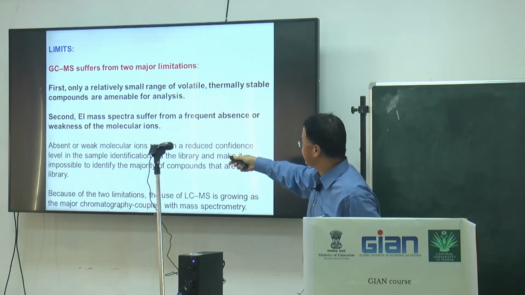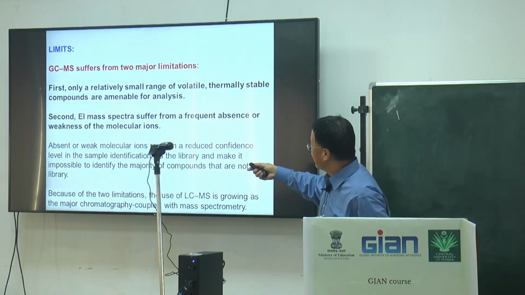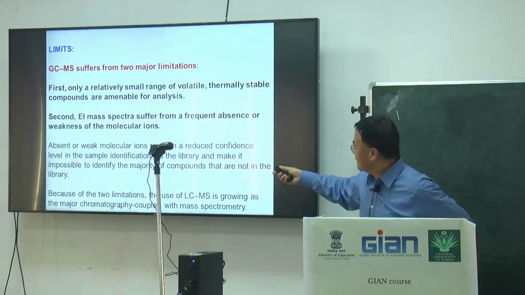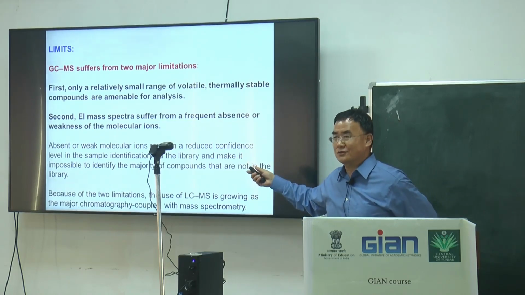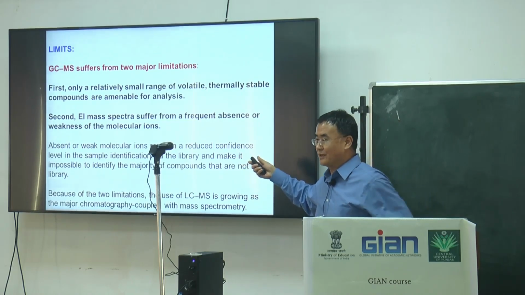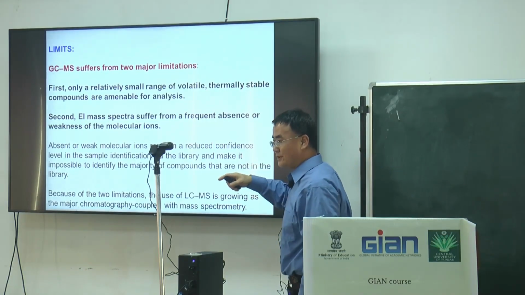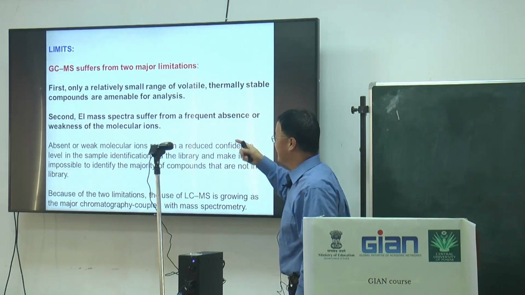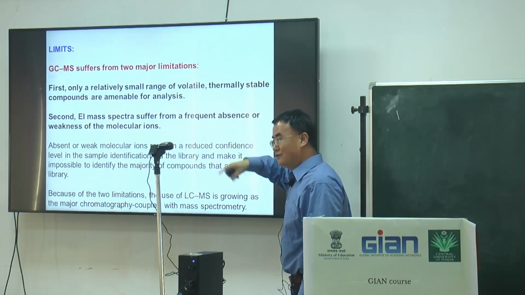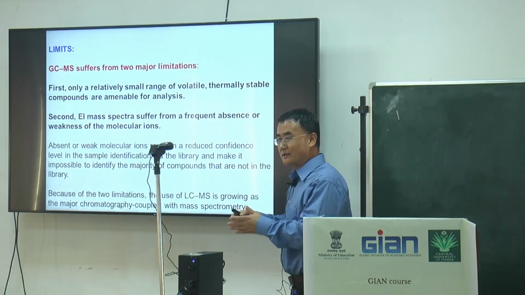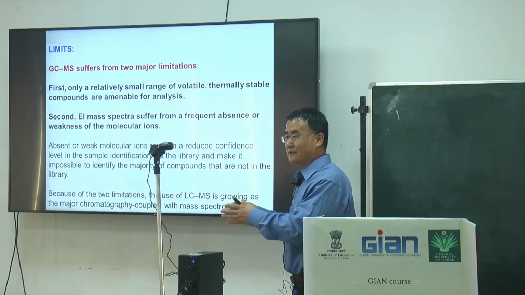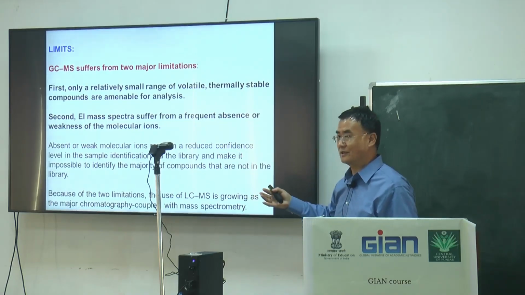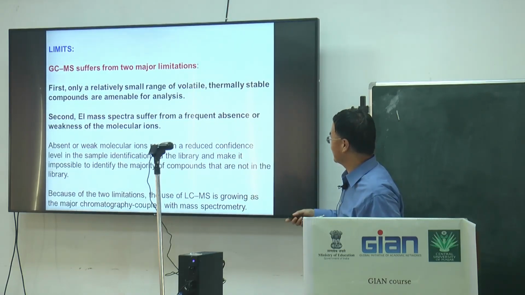The second limitation: electron ionization mass spectra suffer from frequent absence or weakness of the molecular ion. Yeah, that's also true. For certain compounds, electron ionization has its limits. But if we can change the ionization method in GC-MS, there are some reports already started, trying to improve it.